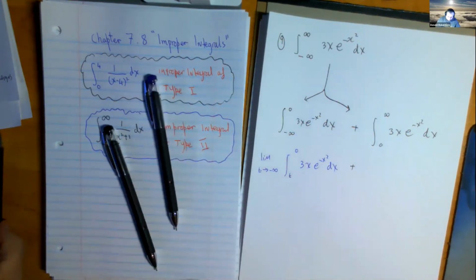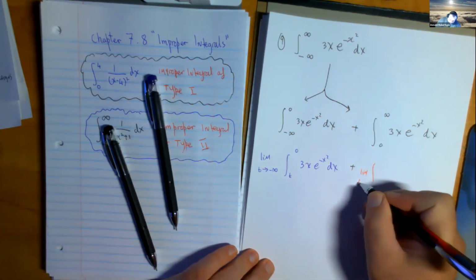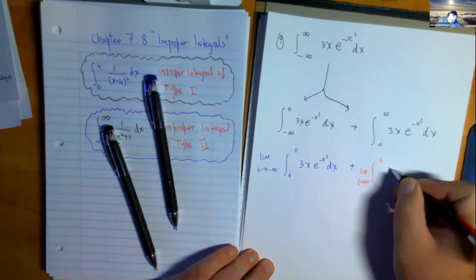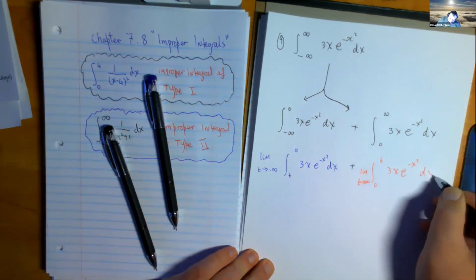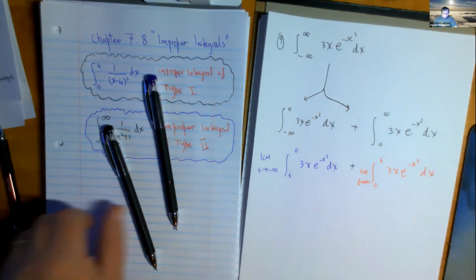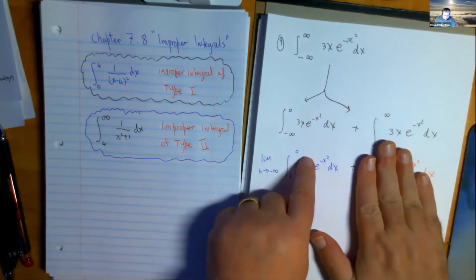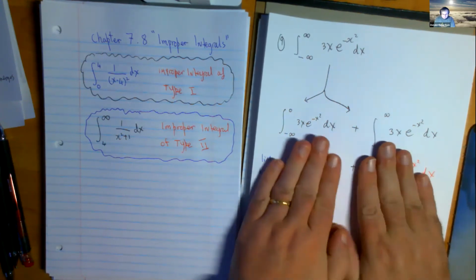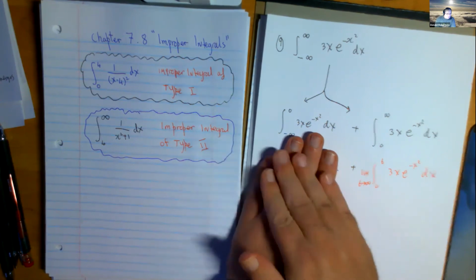And this one over here, it becomes the integral as t tends to plus infinity. So two distinctly different questions. You're going to do that one in total isolation to this one, and then you're going to do this one in total isolation to that one.